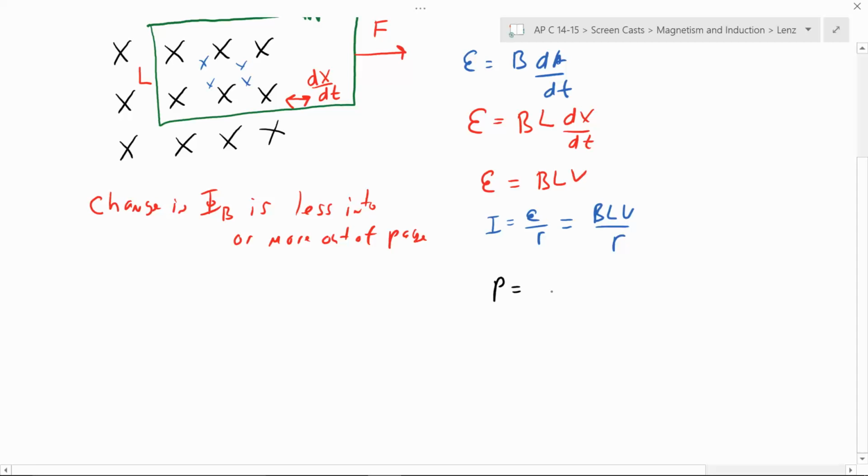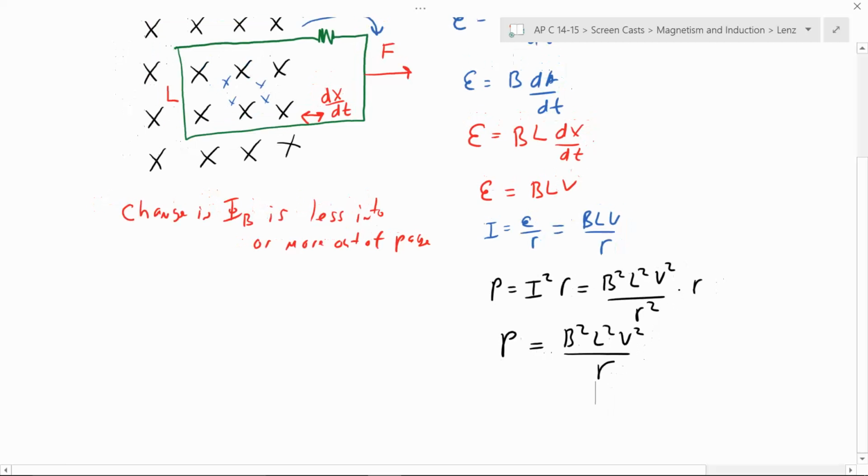Well, power equals I squared R, which is going to be B squared L squared V squared over R squared times R, or the electrical power used in this circuit is going to be B squared L squared V squared over R.